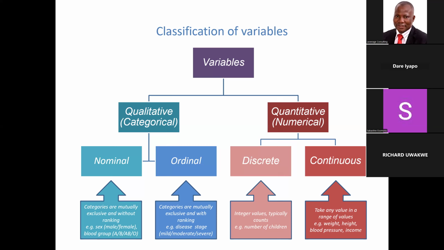So it's continuous. Another way of looking at it is that discrete is counted, while continuous is measured. Another way is that between two given values, the discrete has a limited number of values. For example, between 1 and 5, how many values do you have? You have 1, 2, 3, 4, 5, a limited number.